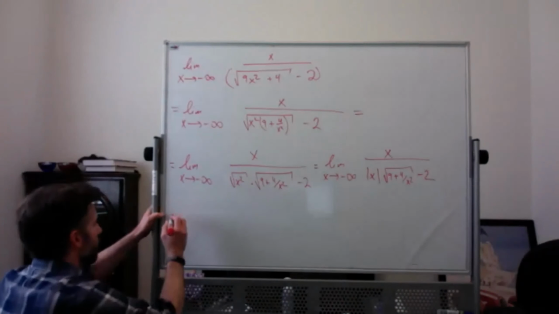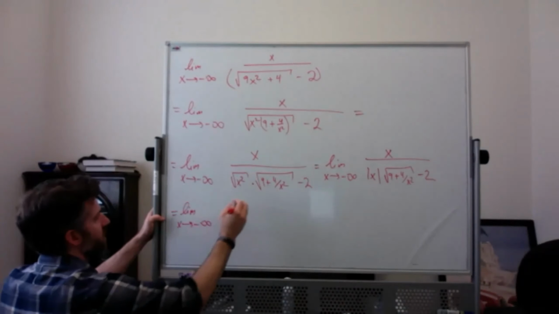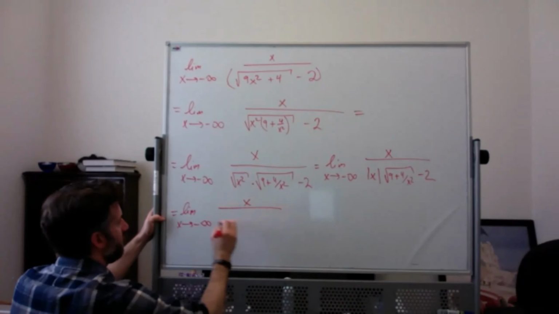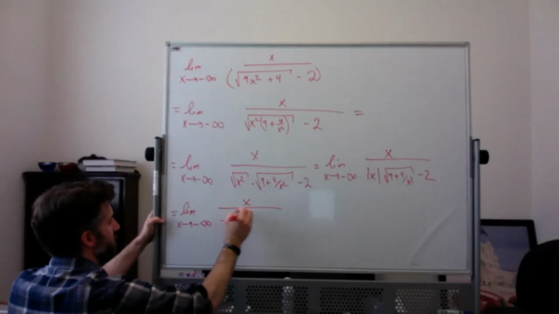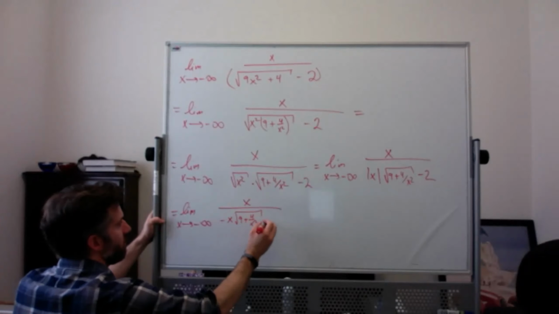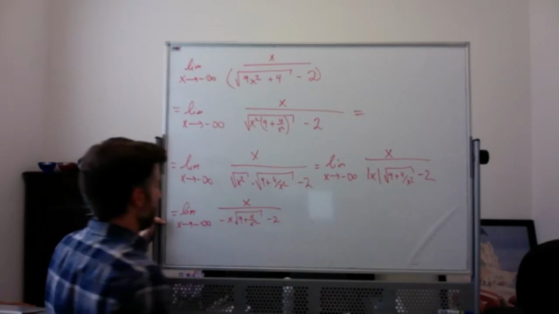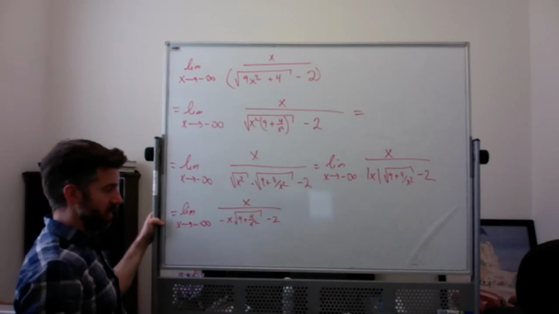So we're going to write this as the limit as x goes to minus infinity of x divided by negative x times the square root of 9 plus 4 over x squared minus 2. Okay, then we're going to divide everything by x.